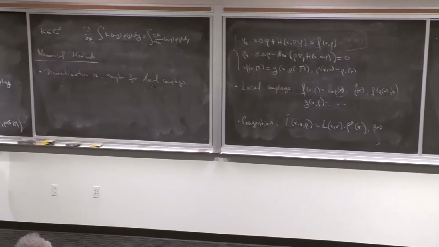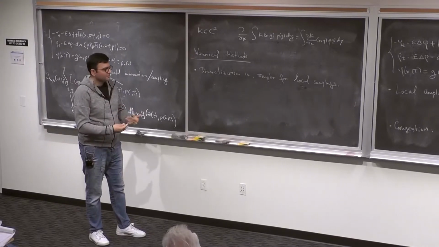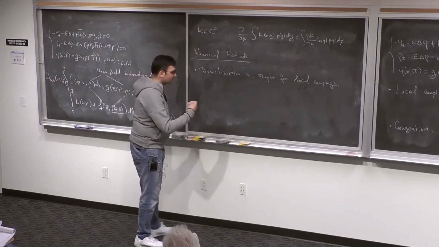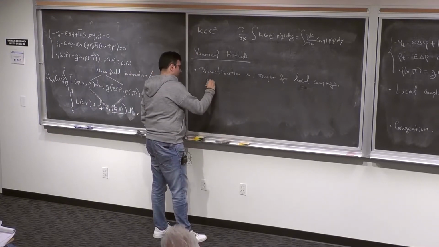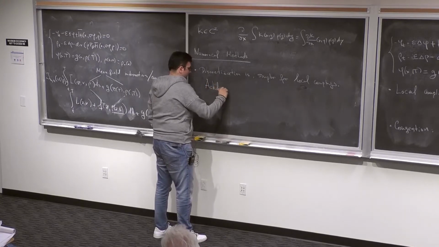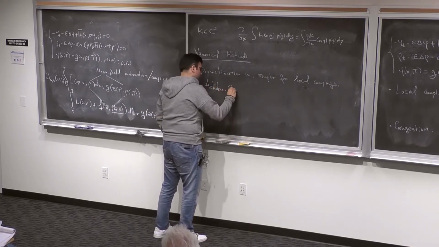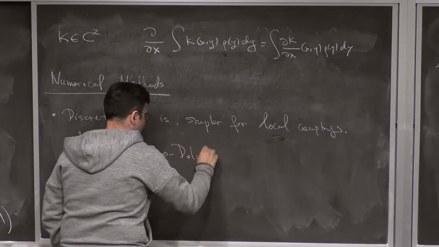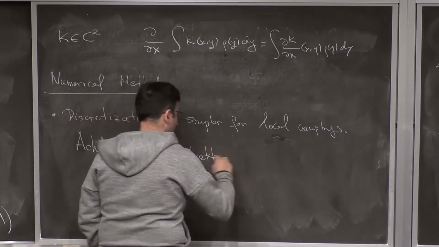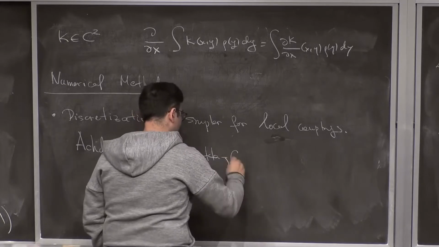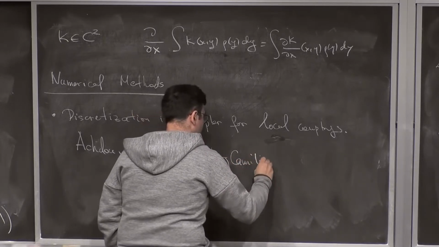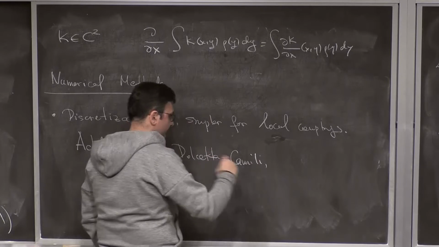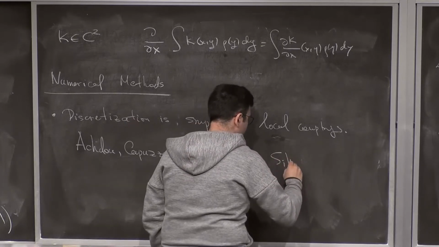And that's why the first papers on numerical methods, which were, among others, by Achdou, and Camilli, and I think Silva had some papers.